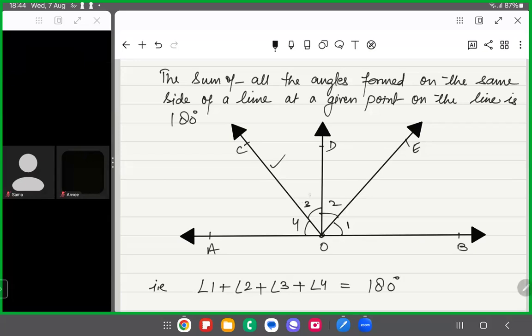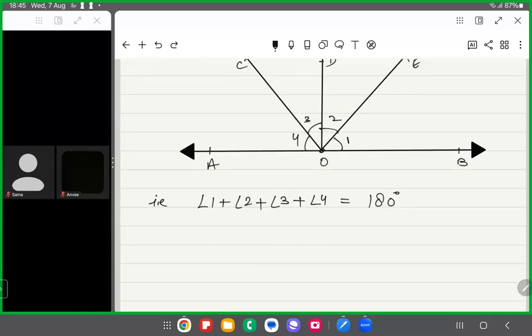That means the sum of angle AOC, this and this, total is 180 degrees. Angles 1, 2, 3 are the parts of angle COB only. So can we say that angle 1 plus angle 2 plus angle 3 plus angle 4 is 180 degrees? Are you getting that? So in this way we can prove this. Now, corollary 2.